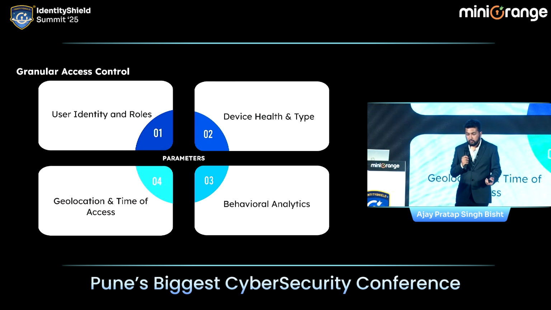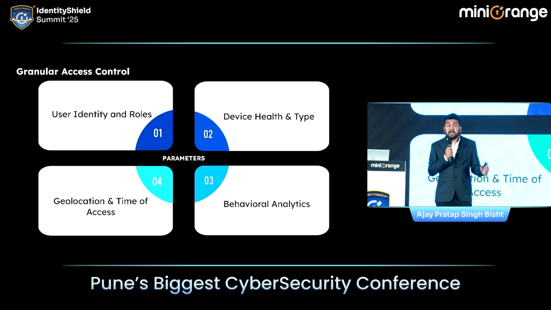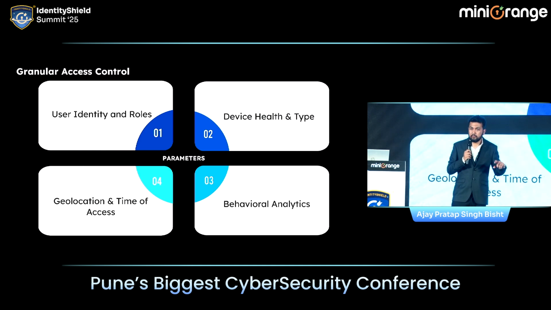Next, we have geolocation and time access. Geolocation is when you are accessing from a certain location, or you are restricted to use only from a certain location. The best example for that would be, have you heard about the locks in cars? There is a geolocation lock in cars lately. If a car goes outside the 5-kilometer radius of that geolocation lock, it automatically turns off.